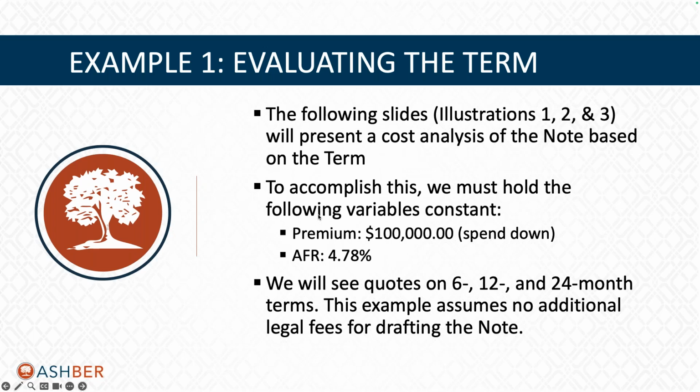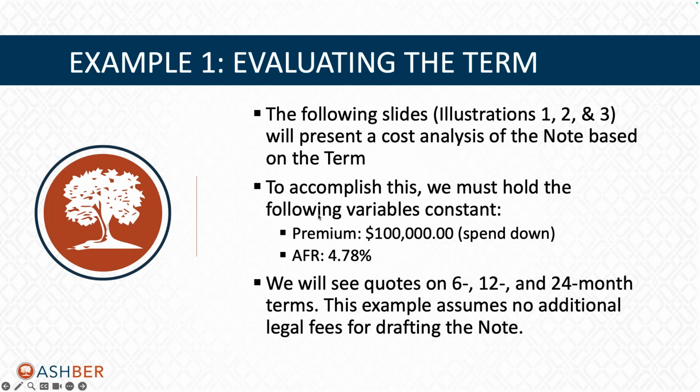So for this first example, evaluating the term. Let's say we've got a situation where the client has $100,000 to spend down. Let's call it a community spouse situation. We've got $100,000 to put into an annuity or note, and we want to look at it from a few different angles. So we're going to present three illustrations in this example. Illustration 1 is going to be a 6-month payout.